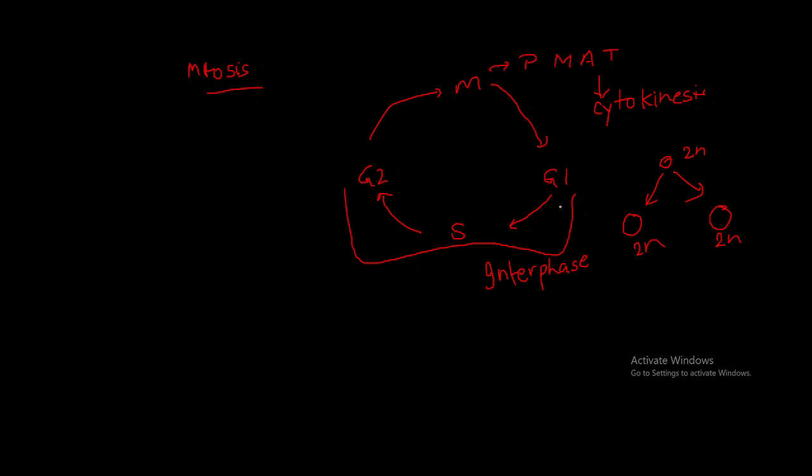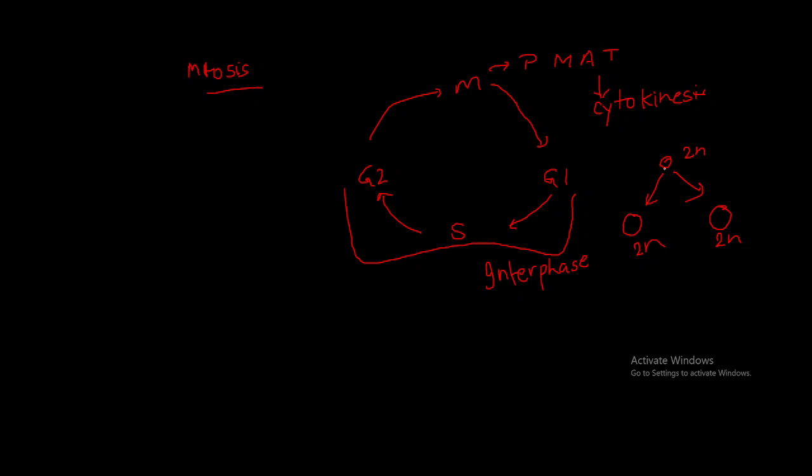Now what happened in the G1 phase? There are certain checkpoints which I am not going to discuss in this lecture. I'll make a separate lecture for that. So what happened in the G1 phase? In the G1 phase, the cell is preparing itself so that its DNA can replicate. Now, at the end of cytokinesis, you are getting two cells.